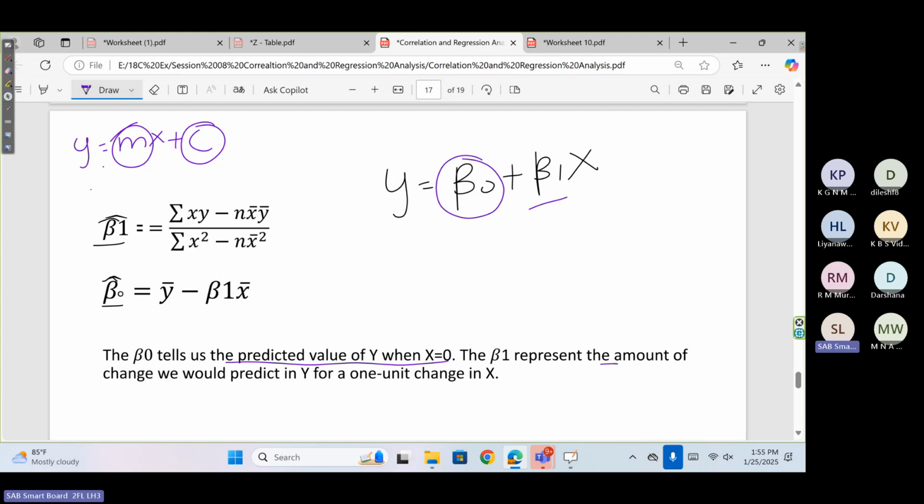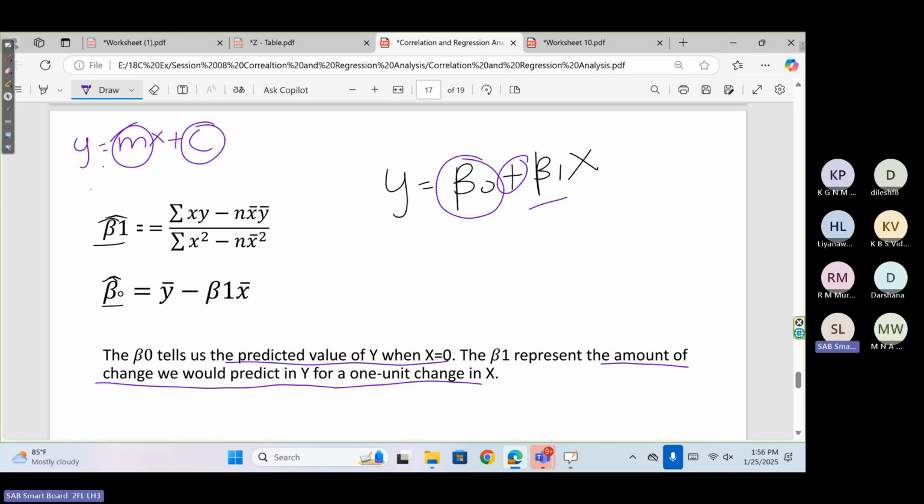Beta 1 represents the amount of change we would predict in y for a 1 unit change in x. When the advertising expenditure is increased by 1 rupee, how much does the sales revenue change? Whether it increases or decreases depends on the sign, positive or negative.